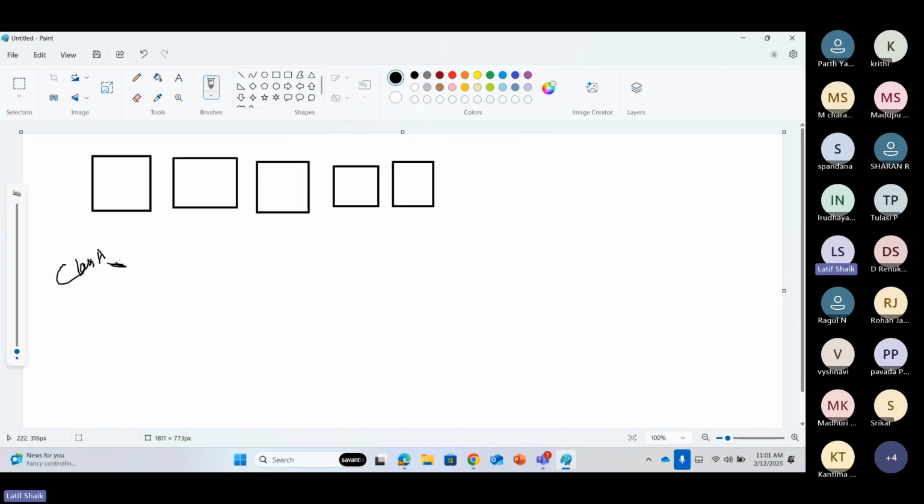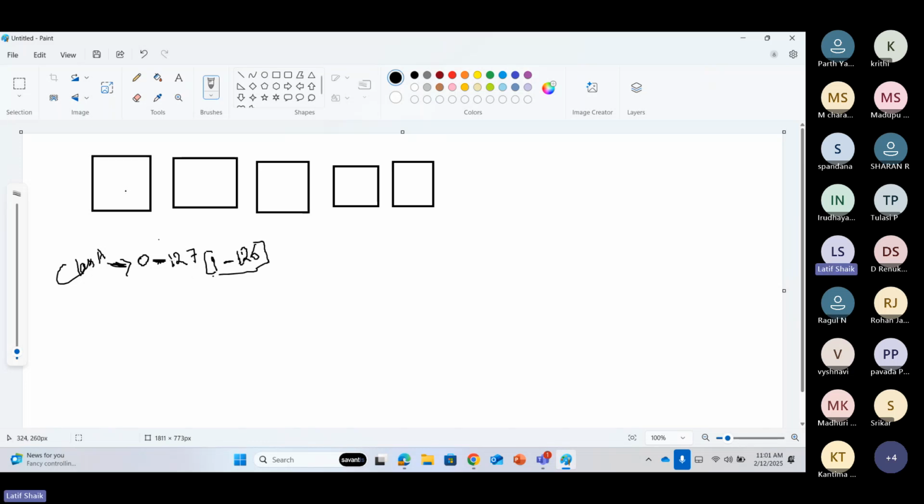What is the class A range? 0 to 127. The total range is 127, and we can configure from 1 to 126. This you can assign.